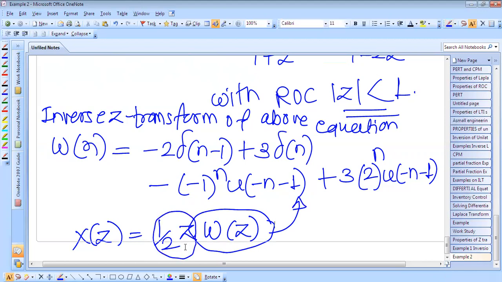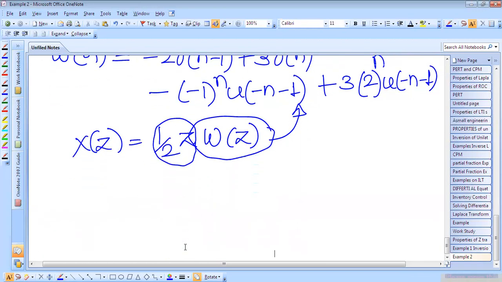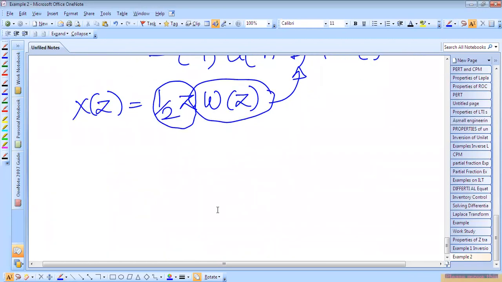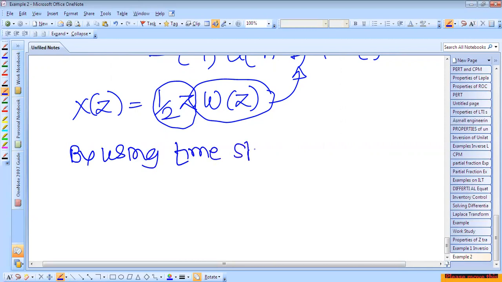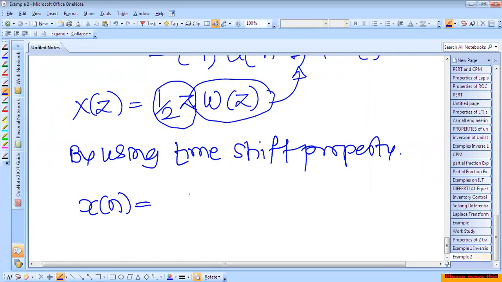And this we now apply by using the time shift property, to obtain x of n is equal to half into W of n, and now with the time shift property, W of n plus 1.